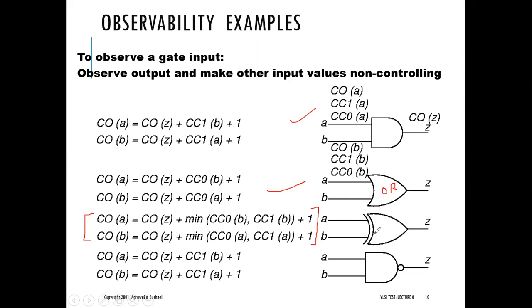See, in case of the XOR also, if you put Z is equal to A XOR B, sorry for the bad handwriting. So if you put A is equal to 1, what will happen in case of an XOR gate?